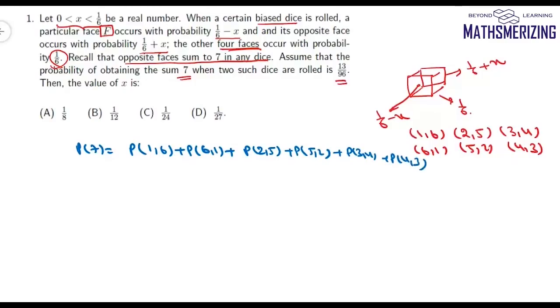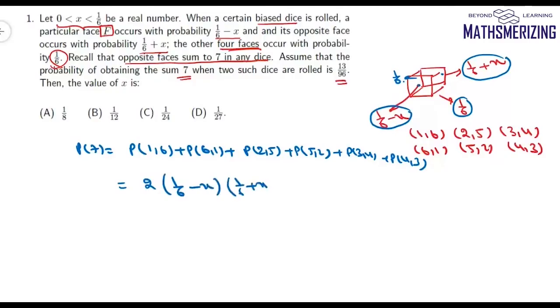Now out of these 6 pairs, there is exactly one pair with these probabilities 1 by 6 minus x and 1 by 6 plus x, and for the remaining 4 pairs it will simply be 1 by 6 and 1 by 6. So I can simply write it as 2 times (1 by 6 minus x) into (1 by 6 plus x), and then plus 4 times 1 by 6 into 1 by 6, and they have given that this probability is equal to 13 by 96.